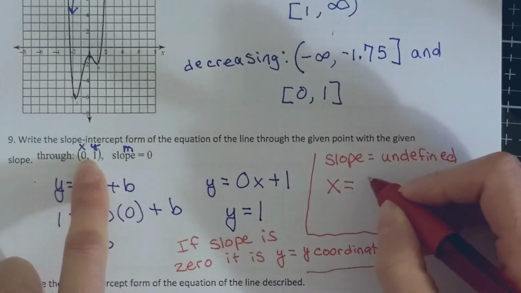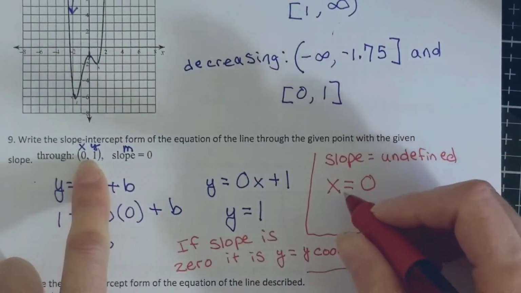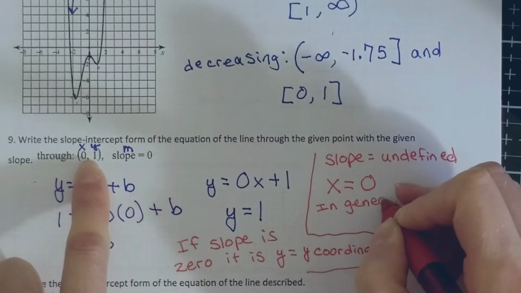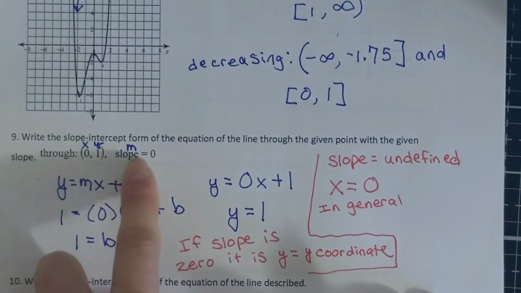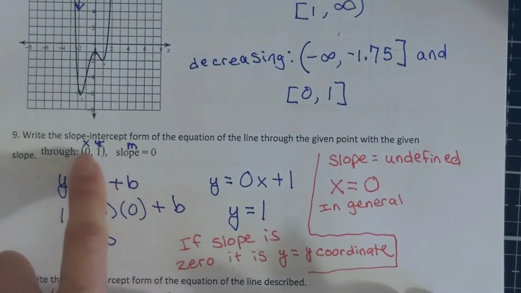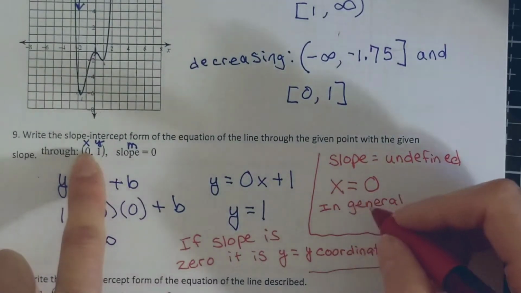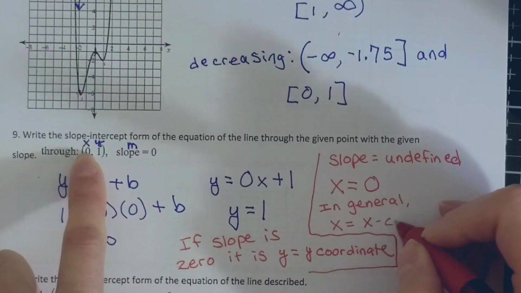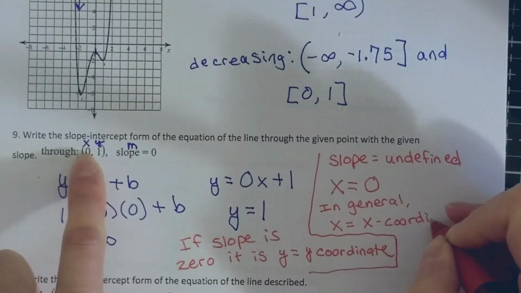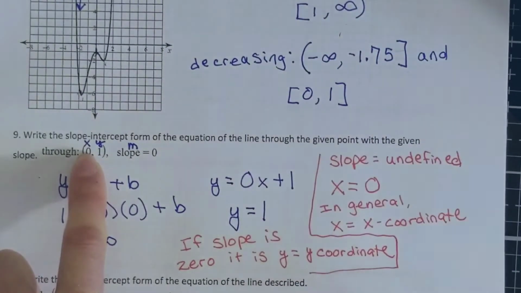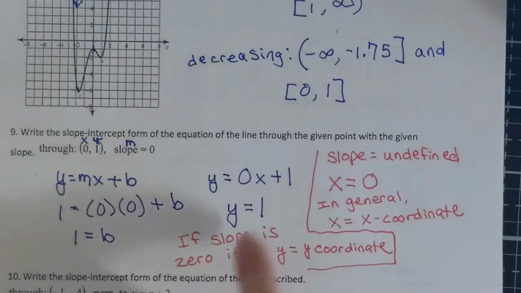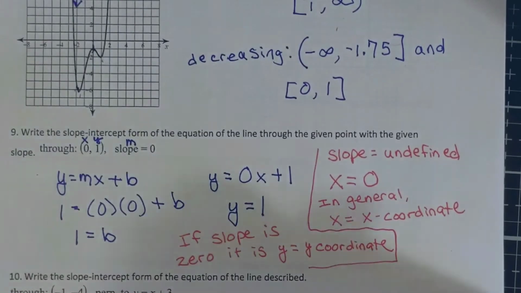In this particular case, it would be 0, but in general, if it said the slope instead of 0 was undefined, whatever the x coordinate is, you would say x equals the x coordinate. So those are two little tricks in case they give you something that is more uncommon.